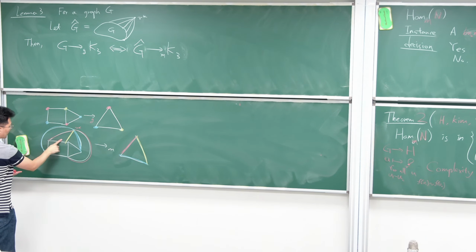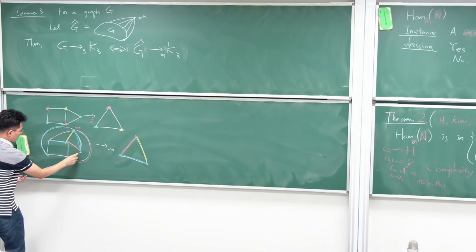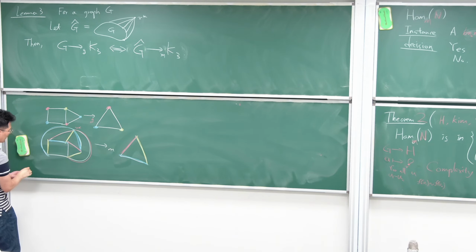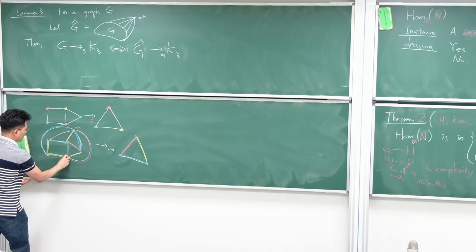So for this cycle, we have red and yellow, so we color this blue, red, yellow here, and here red, and then blue.